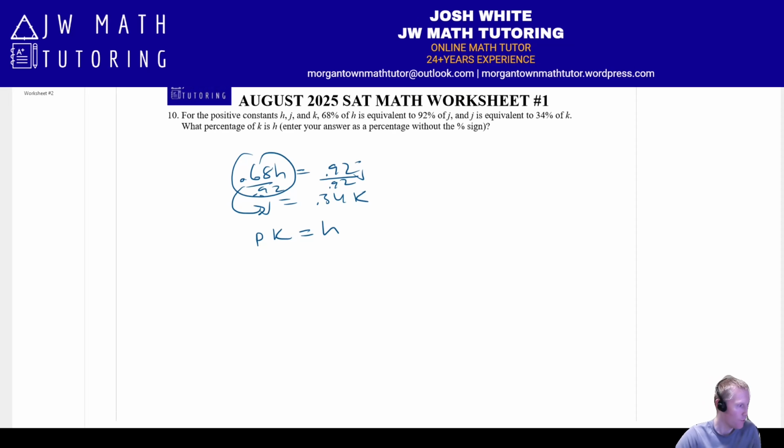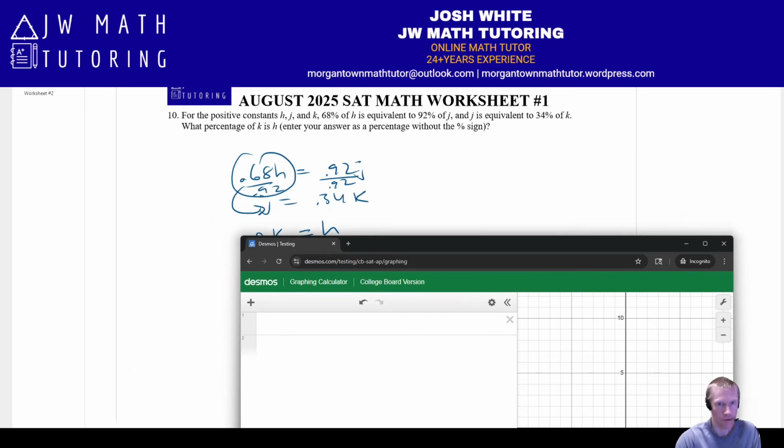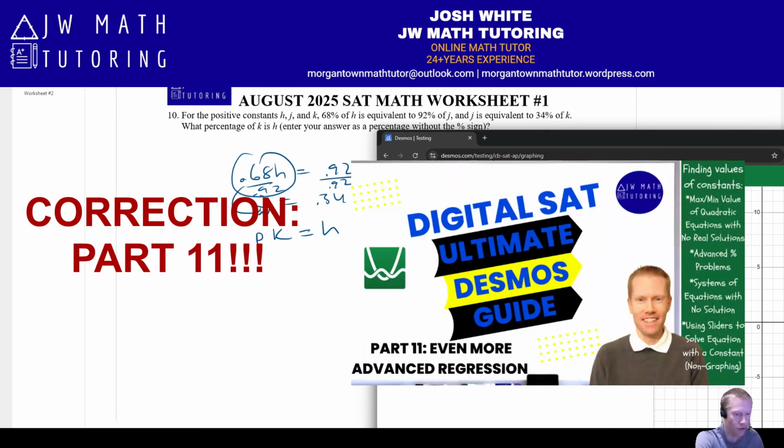But with all that being said, let me show you the quick and easy way to solve this entirely in Desmos. Again, it's basically setting up a system of equations using regression. This is covered, by the way, in part 12 of my Ultimate Desmos Guide to Digital SAT Math, so go check that out if you want to see more examples or the process explained in greater detail.